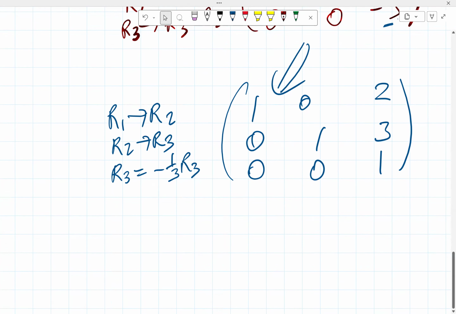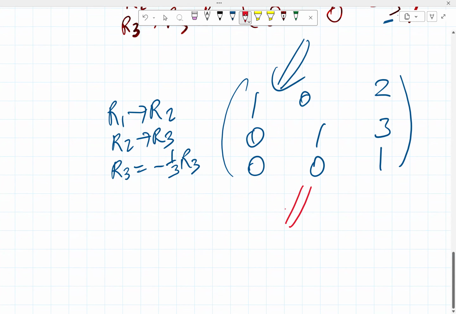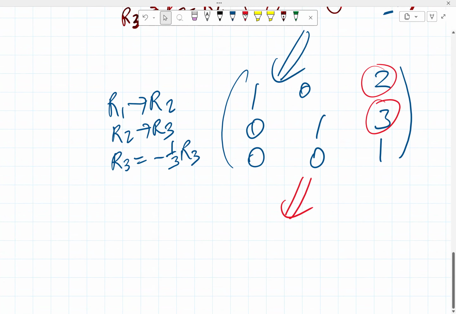So that's that step. So the next step now is we need to make this and this 0. So what do we do? It means row 3 now is fixed, but row 1 will change. So the new row 1 is going to be the old row 1 minus 2 times the old row 3.